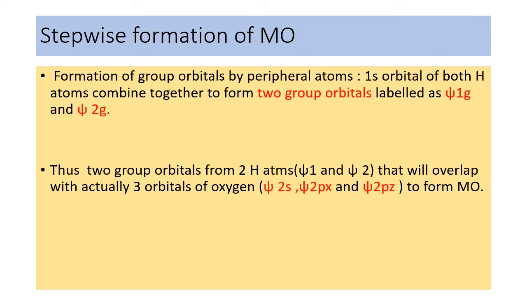Here one has to note that in the case of oxygen, the available matching symmetry orbitals are 2s and 2pz, but at the same time the 2px orbital, which otherwise remains non-bonding, has its lobes close to the group orbitals.